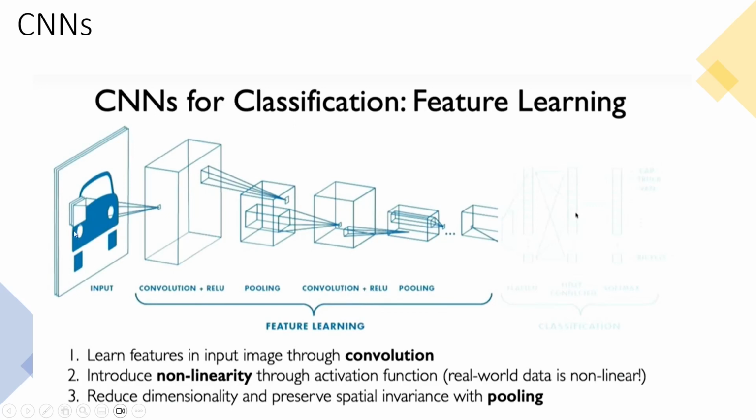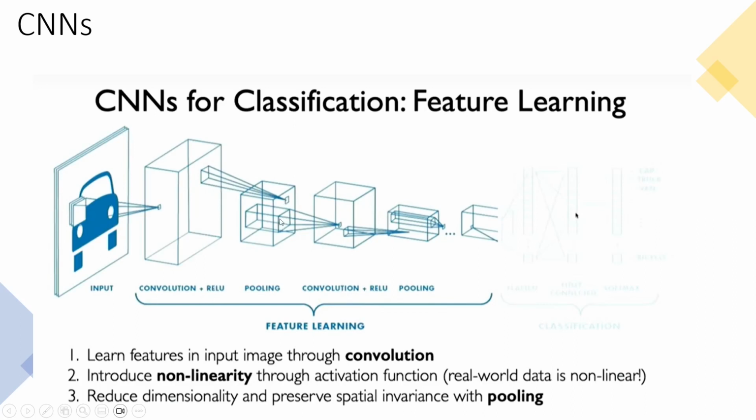So the input of a CNN is an image. Then we have a convolutional layer plus the ReLU activation. And then we have the pooling layer, which will be used to reduce the dimension of this convolution plus ReLU layer.